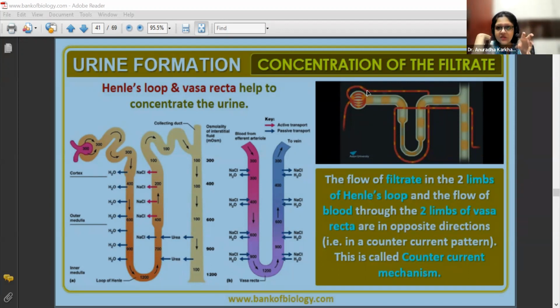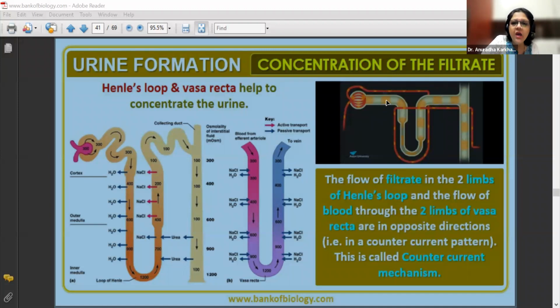The foot processes were literally squeezing the capillaries, right? Due to the squeezing action, all the nitrogenous waste, glucose, nutrients, so many things were getting squeezed out inside this particular tube, which was your proximal convoluted tubule.